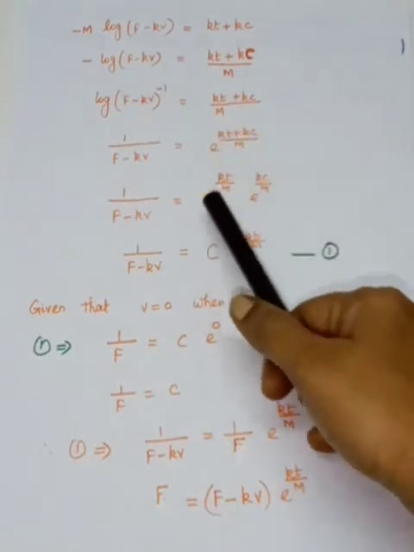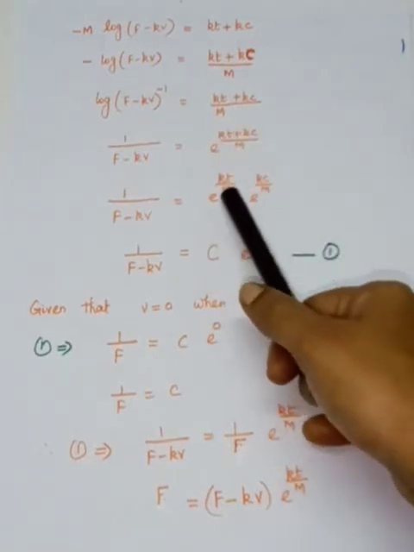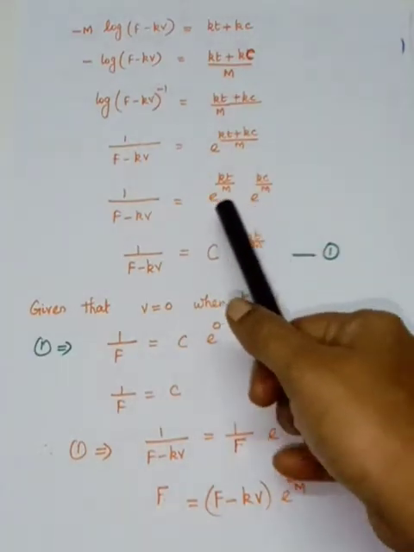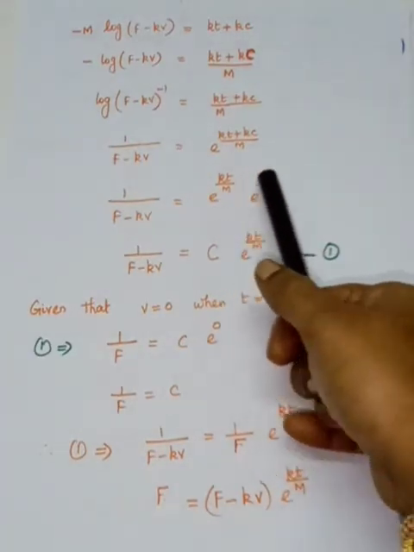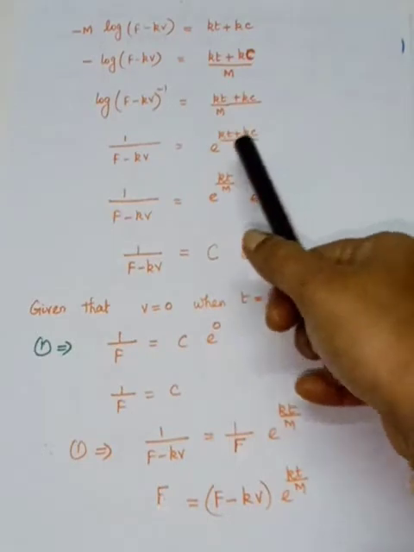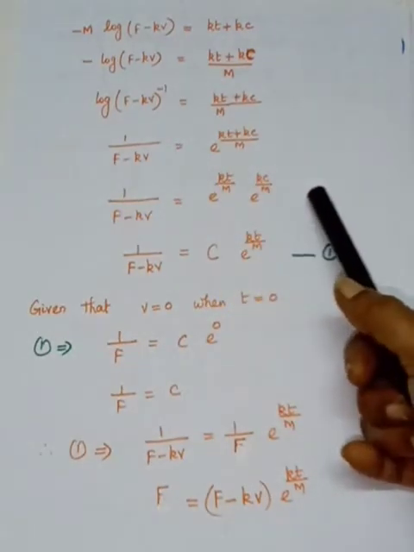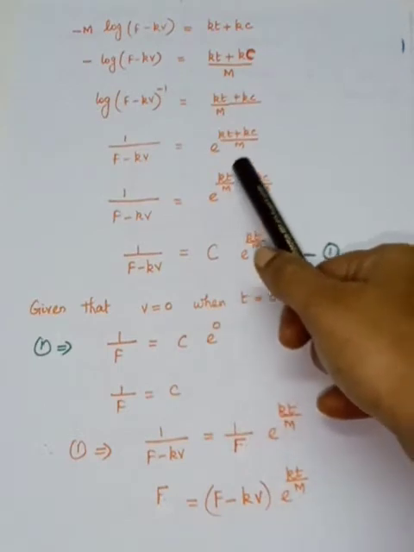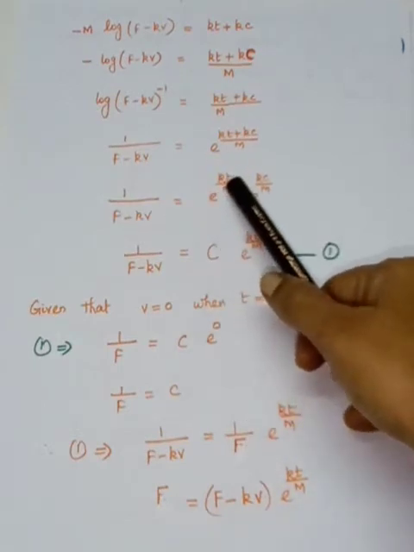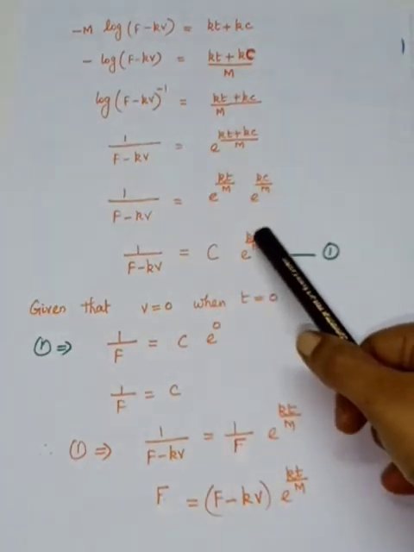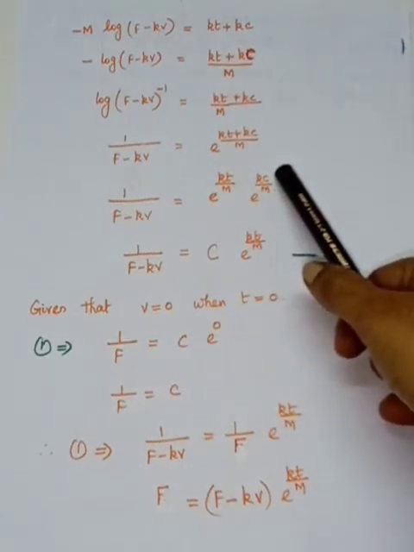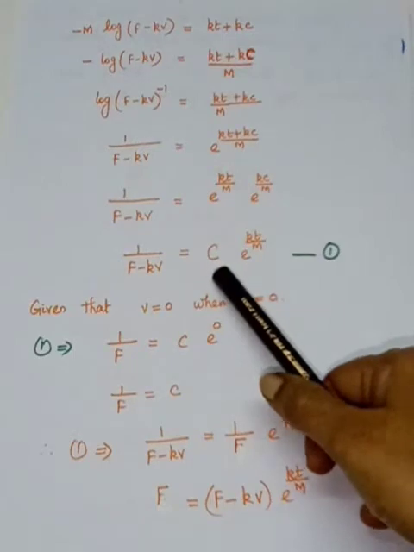If you split this as e power kt by m into e power kc by m, the bases are the same, and if you want to multiply you have to add the powers. Here addition is there, so we have separated. So 1 by F minus kv is equal to, you see now, this has t, the variable is involved, so e power kt by m. Look at this, this is fully constant, so we can take that constant as c.